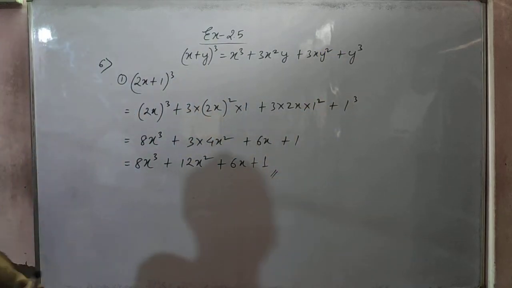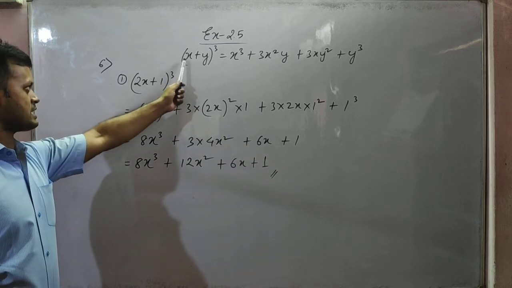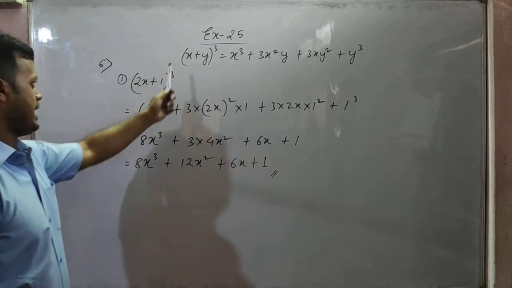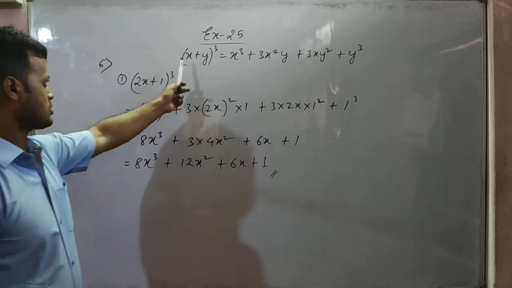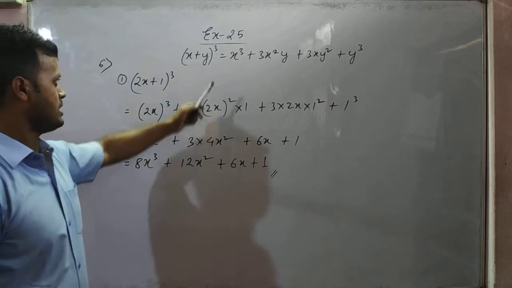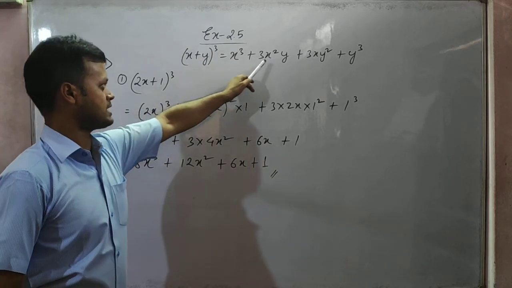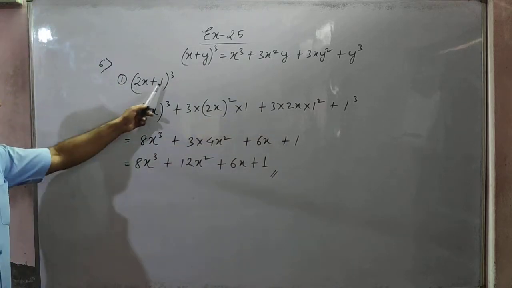Now you see 2x plus 1 whole cube, students. This is just like x plus y whole cube, isn't it? Same, no? So how do you write x plus y whole cube actually? First you will write x cube plus 3x square y plus 3xy square plus y cube. So this is x and this is y here.